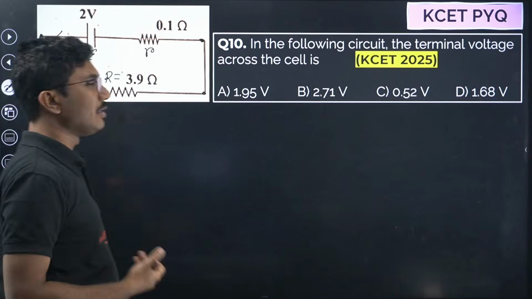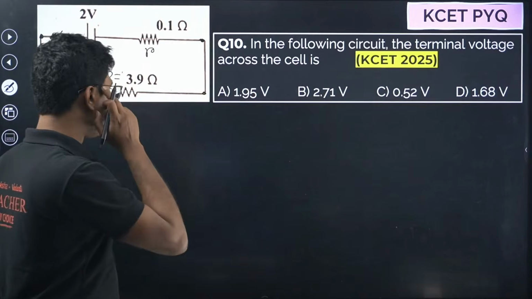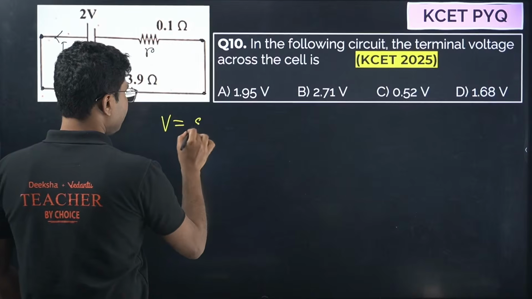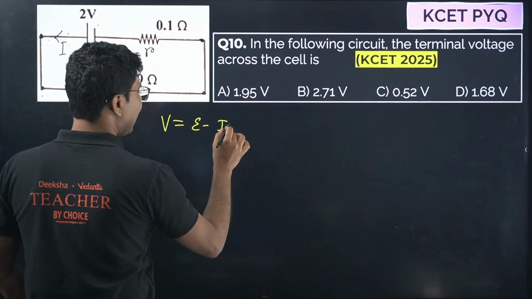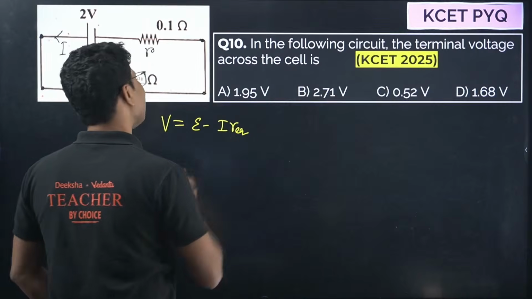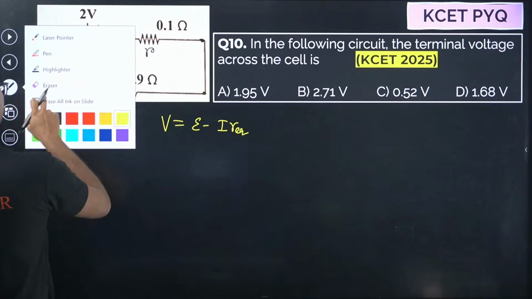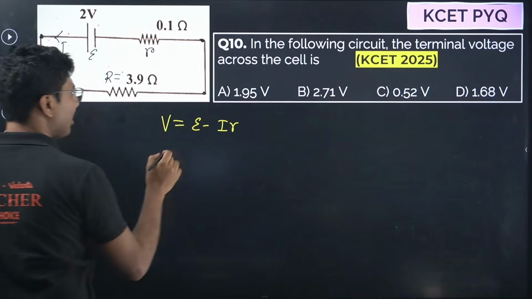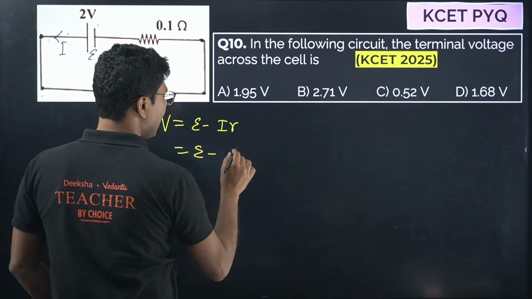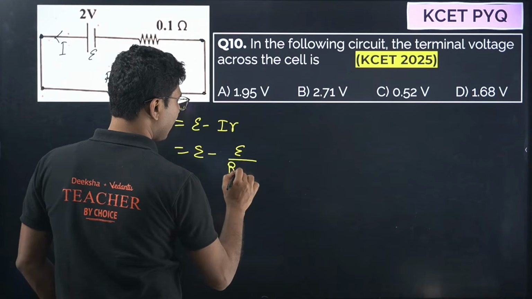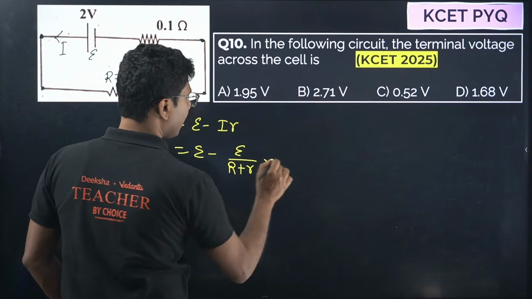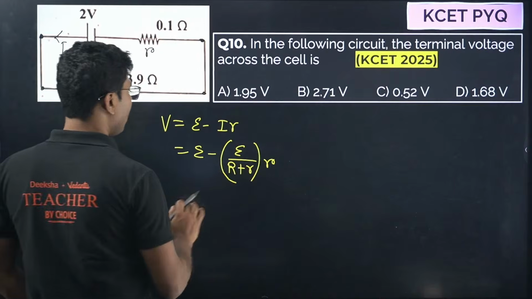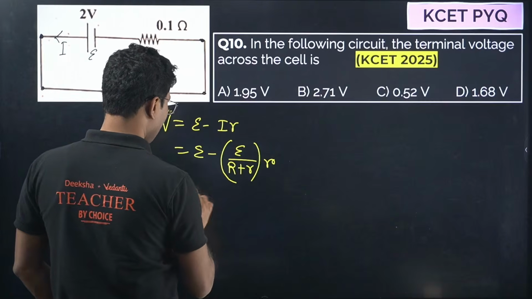But we will use the formula which states that V equals epsilon minus I R equivalent. Here the equivalent is only 1 R, so epsilon minus I into R. The formula for I is epsilon divided by capital R plus small r, into small r. Using this formula we can calculate the terminal potential.